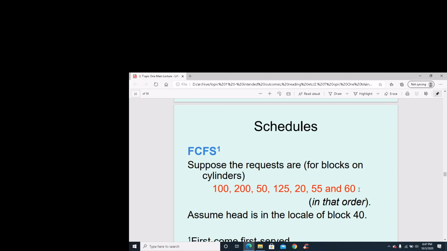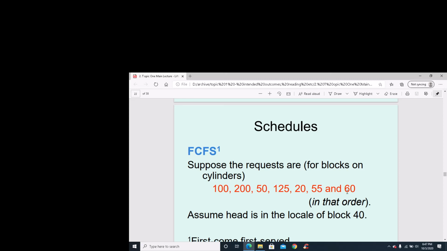In other words, the first request, which is to read data from track 100 and then read data from track 200 and then write some data on track 50, write some data here, maybe read some data here, write and read. Doesn't really matter.